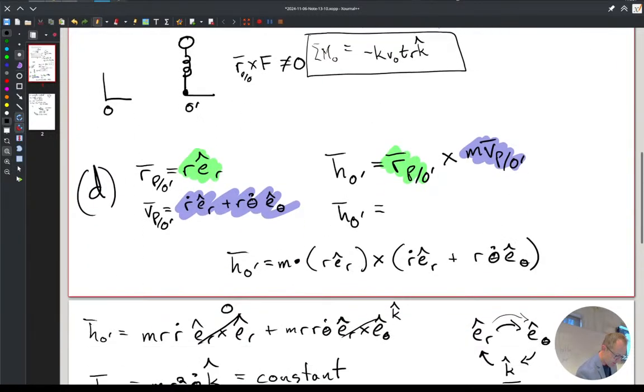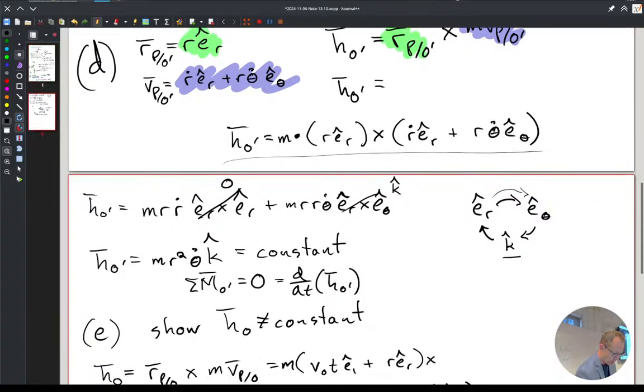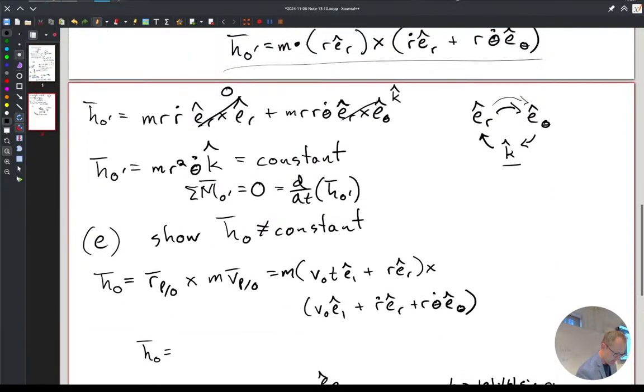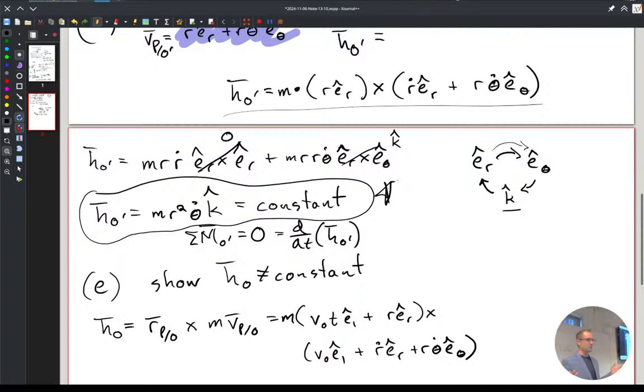Another highlight was when we found the angular momentum around H_O prime. Where did we find it? Yeah, over here. Another highlight: when we define angular momentum in this rotational coordinate system, it's always this value, radius squared times theta dot times the mass.